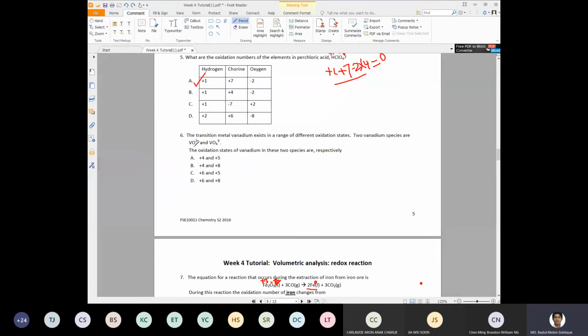The charge on the whole ion is positive 2. So for this case, vanadium oxide has a 2 positive charge. That means this 2 positive charge is on the whole ion, on both vanadium and oxygen.